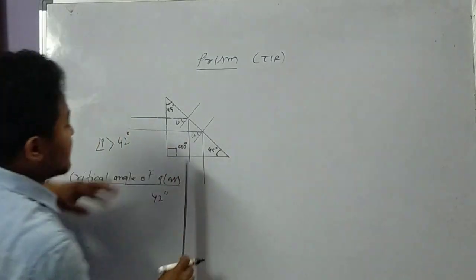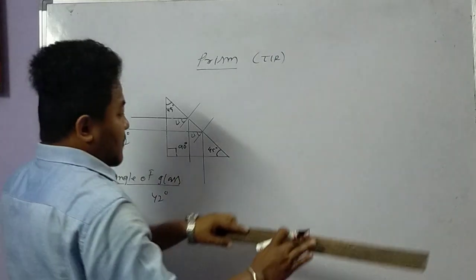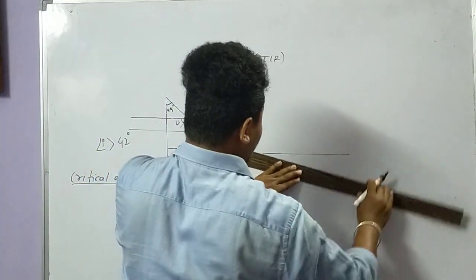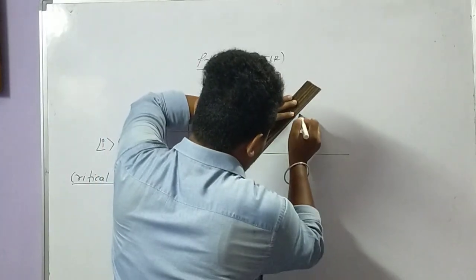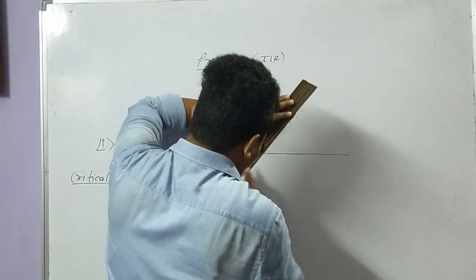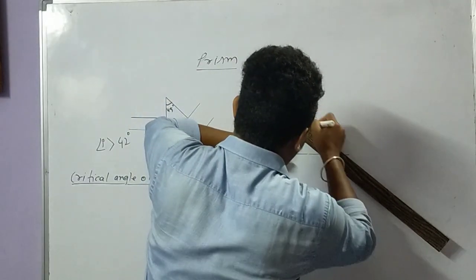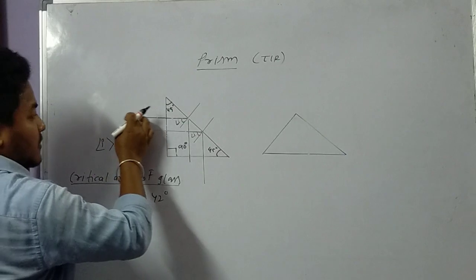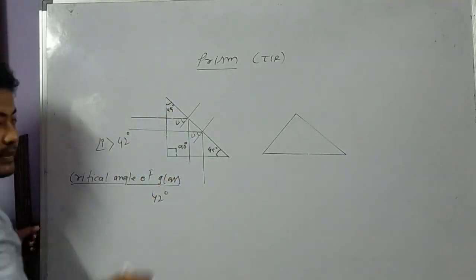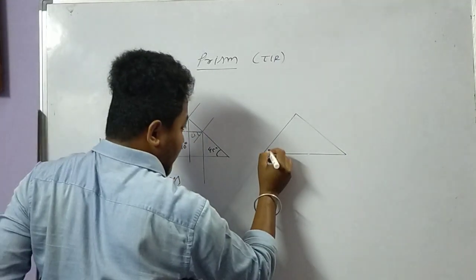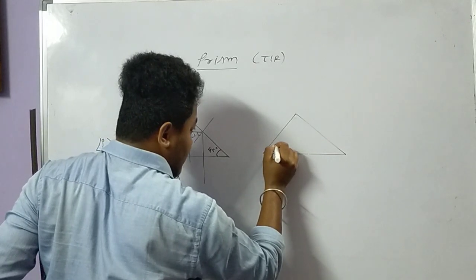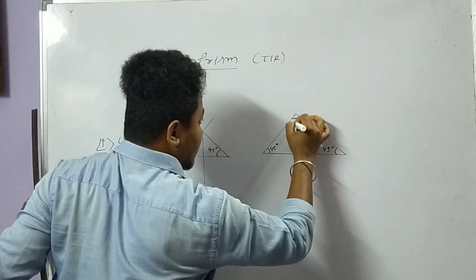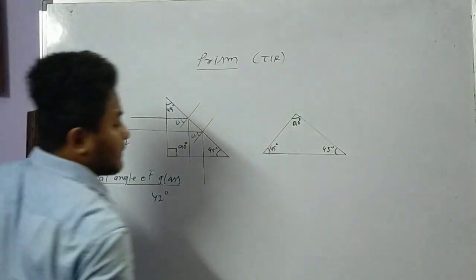If I take a prism in an alternate way, suppose I am taking a prism like that, then what will happen? This is a prism, suppose this time I want to rotate it by 180 degrees. As you can see here, the rotation of the angle is 90 degrees. But in this case, if I consider this angle is 45 degrees, this angle is 45 degrees, and this is 90 degrees.